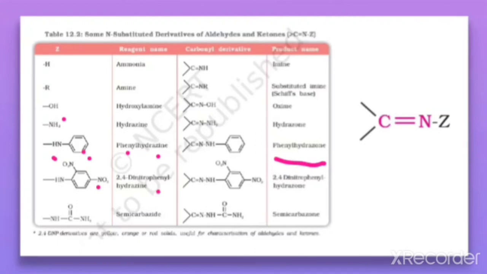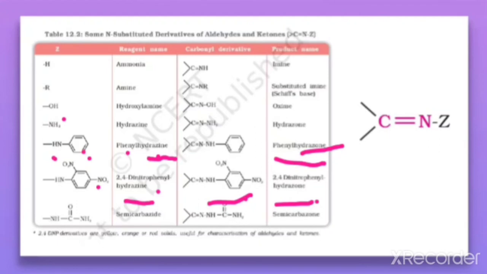If the reagent is 2,4-dinitrophenylhydrazine, then the product formed is shown here, and the name of the product is 2,4-dinitrophenylhydrazone. That means the word hydrazine you have to change to hydrazone, similarly here also.